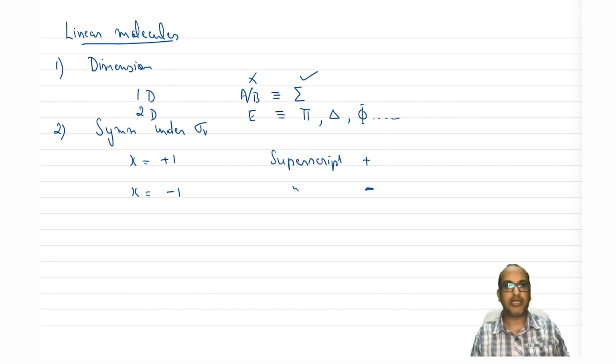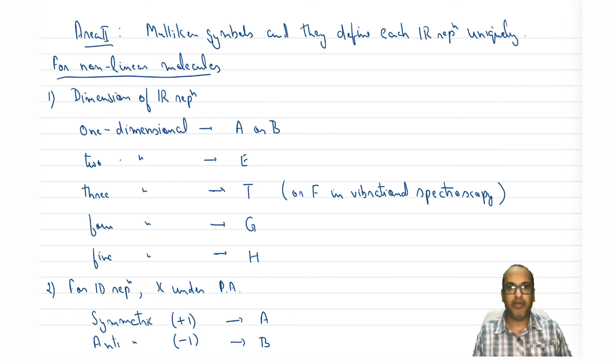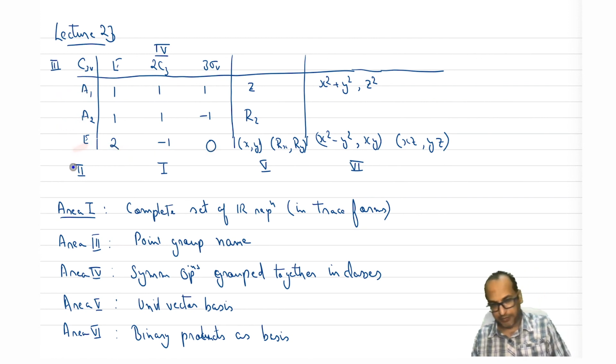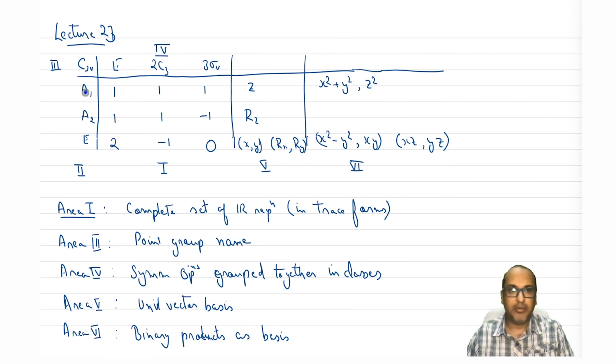Now let us look at an example with these rules. Let us look at the example of C3V that we have been discussing. The first two are one-dimensional representations, so the symbols have to be either A or B. And this one is two-dimensional, so the symbol has to be E. Both of the one-dimensional ones have been given letter A and not B, because for both of them the character under the principal axis is positive.